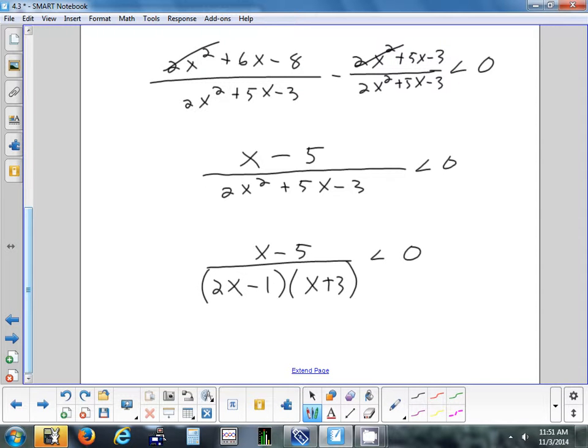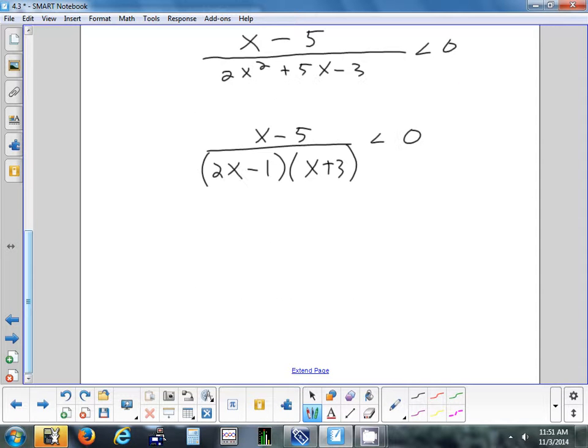Okay, now we make a sign chart. We've done these before. Okay, Brianna, what value would make x minus 5 equal to 0? Positive 5. If you plug in numbers bigger than 5, you're going to get positives. If you plug in numbers less than 5 into this expression, you get negatives. Okay, let's do 2x minus 1.